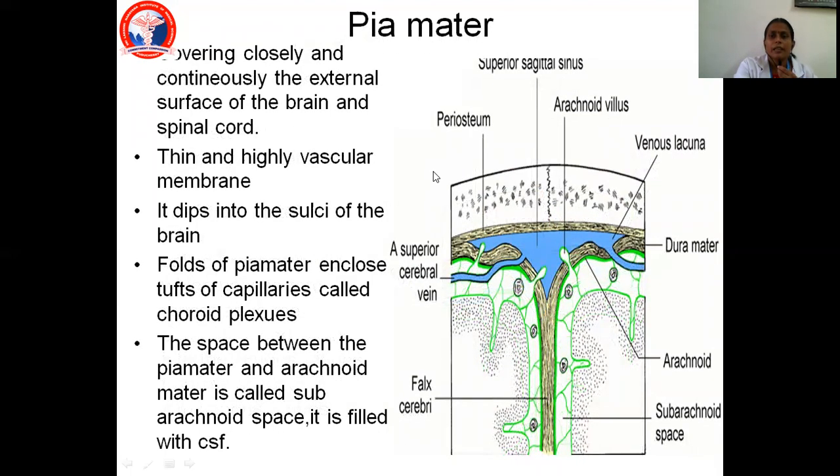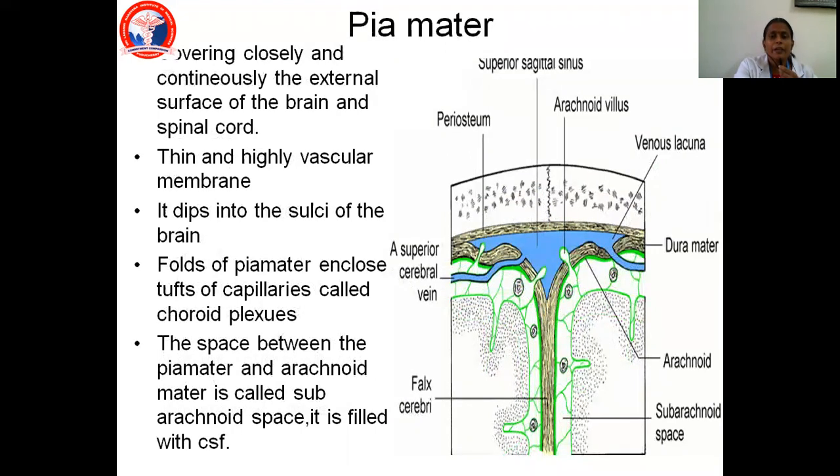And the third one is the inner pia mater. This closely and continuously covers the external surface of the brain and spinal cord. The pia mater is a thin and highly vascular membrane. It dips into the sulci of the brain.